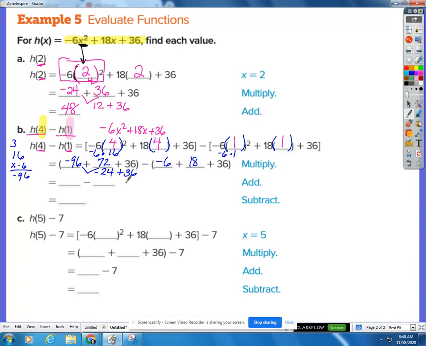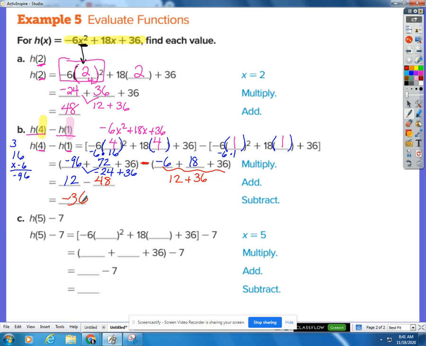Negative 24 plus 36 would be 12, minus, before we subtract, we have to get this to an answer. So negative 6 plus 18 would be 12. 12 plus 36 would be 48. 12 minus 48 would be negative 36. It's a little bit more challenging.